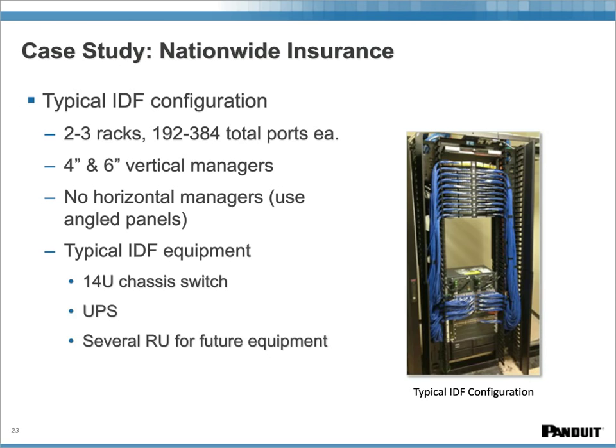Typical IDF equipment, it's usually a Cisco 4510, UPS to the first power supply, eliminates spikes, and the second one is house power with generator backup. And we have, in the second rack, several RUs for future equipment. The need for a third rack, that would be another switch and angle patch panels so the switches aren't ventilating into each other.